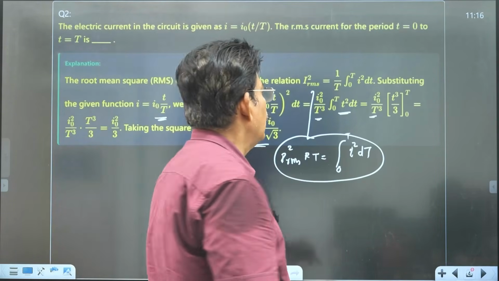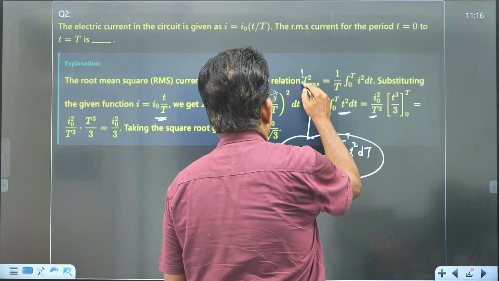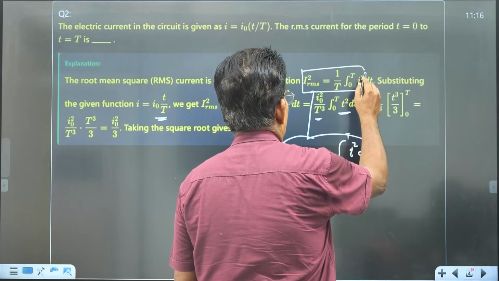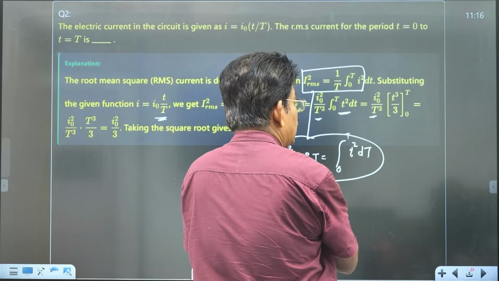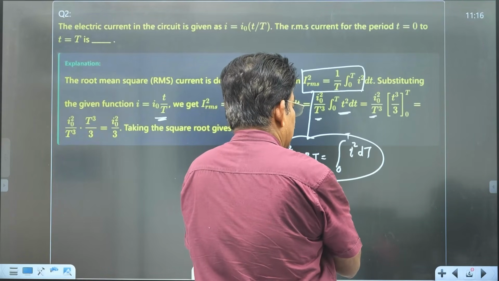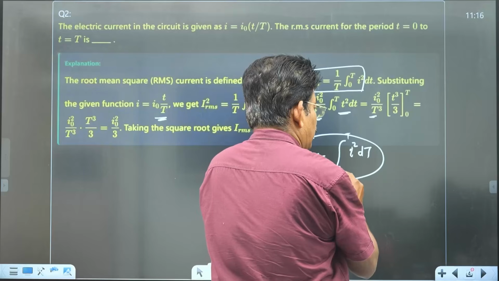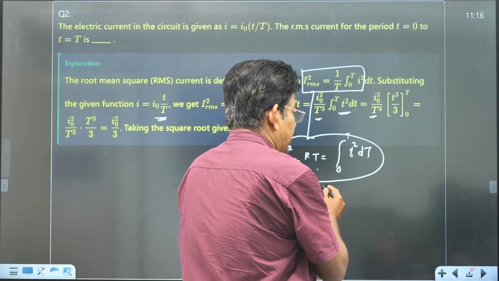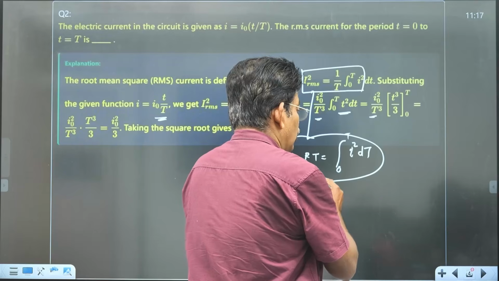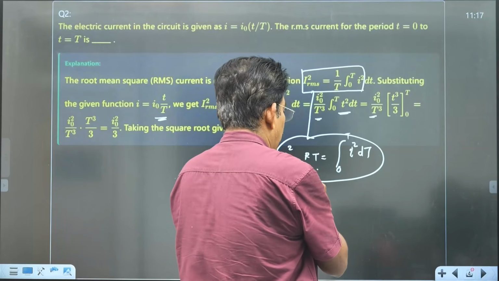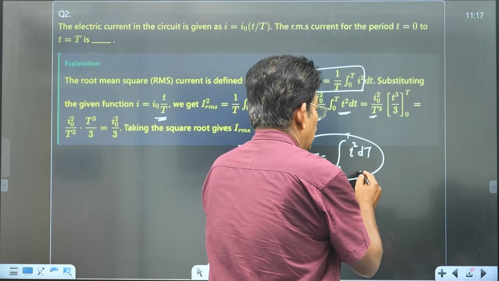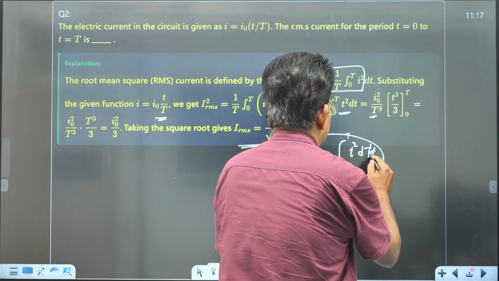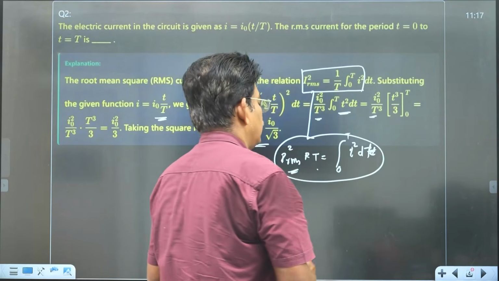So this is the basic definition, I repeat it. Whatever heat is liberated by a direct current is equal to the heat liberated by a varying current. For a DC current, the heat liberated is current squared into R into T. That current we call I RMS. And the formula for the heat liberated by the varying current is I squared R dt.